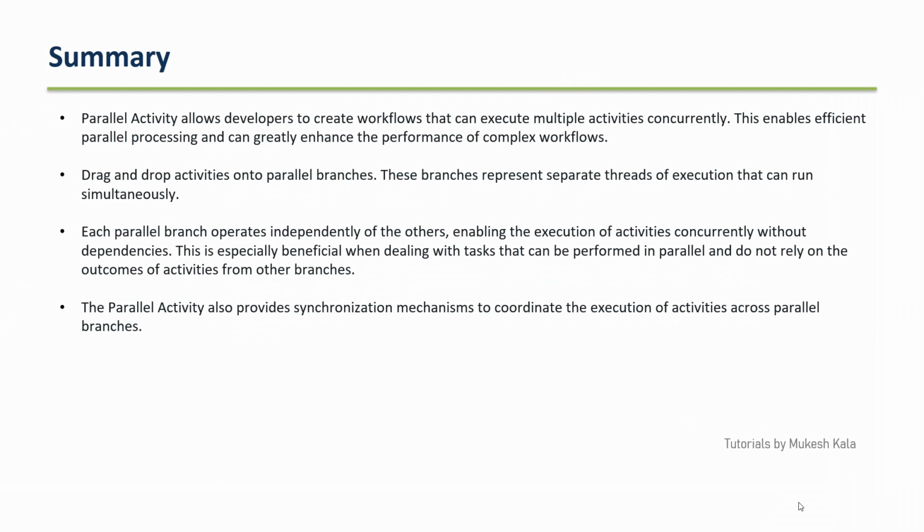But we have also seen that these are not actual parallel execution. There is some delay, right? Each parallel branch operates independently of the others, enabling the execution of other activities concurrently without any dependencies. This is especially beneficial when dealing with tasks that can be performed in parallel and do not rely on the outcome of the automation.